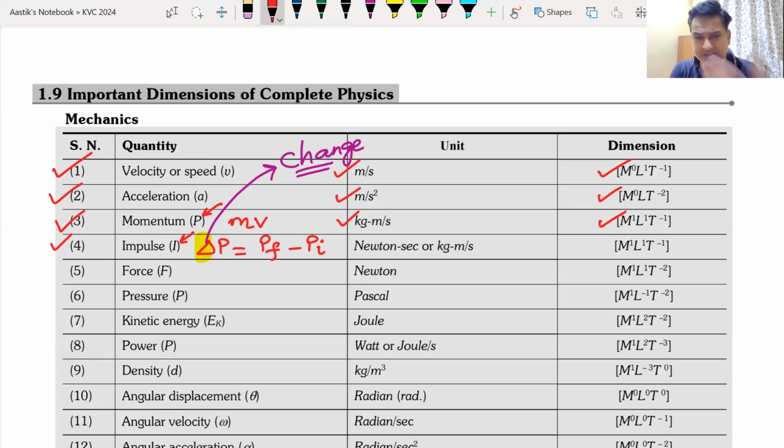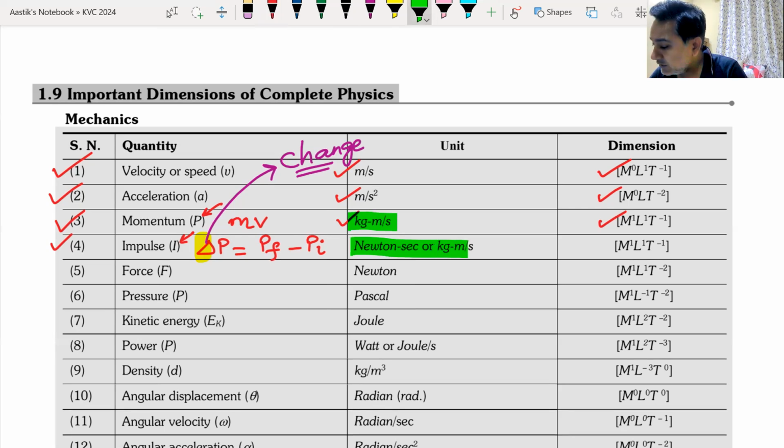Units and dimension is the first chapter, motion in 1D and 2D is the second chapter, force or Newton's laws of motion is your third chapter. Since impulse is change in momentum, its unit is the same as momentum. As you can see, this unit highlighted in green and this unit are all the same. Whether it is momentum or change in momentum, they have the same unit.